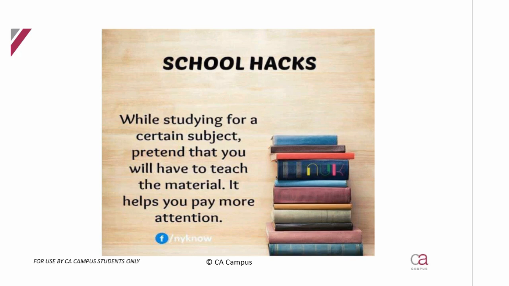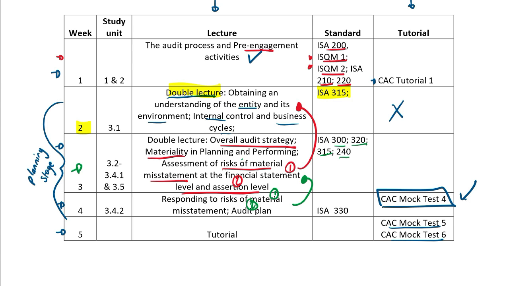Okay, let's go have a look at the knowledge levels. It's week 4. And we are responding to the risks of material misstatement, the risks that we identified last week through understanding the entity, and we identified them at those two levels, the financial statement level and at the assertion level.